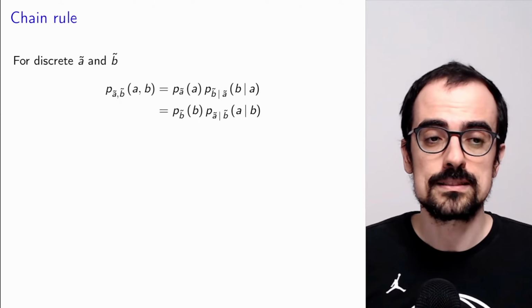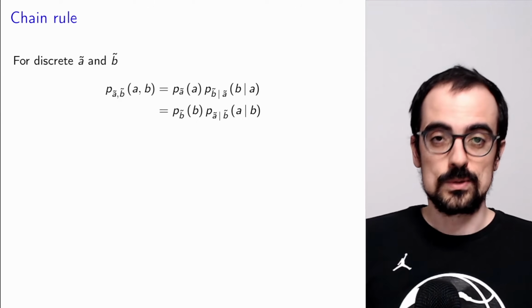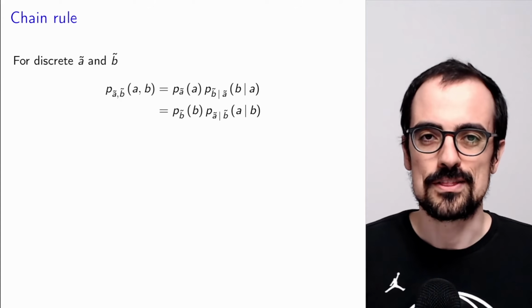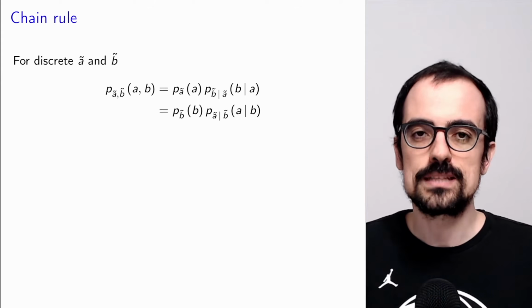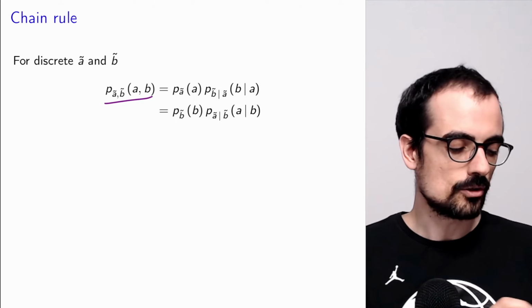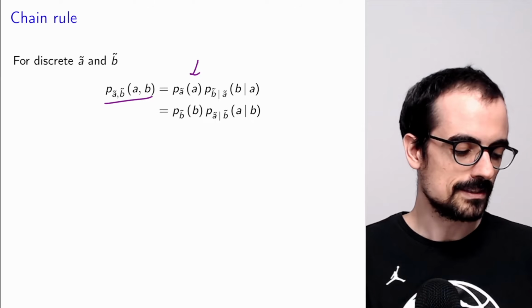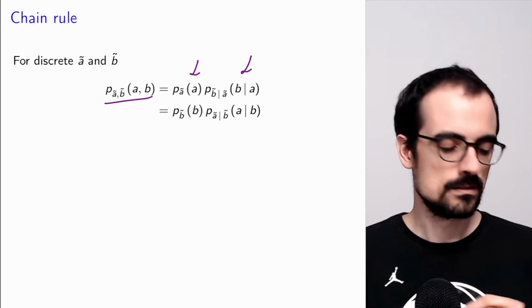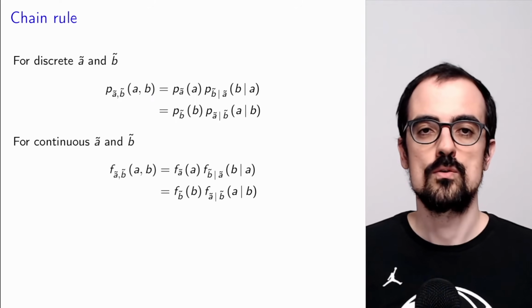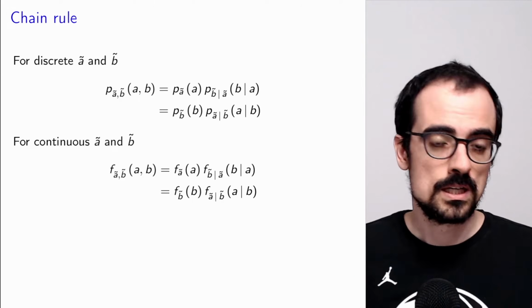Now let's take a look at the chain rule, which is another important tool when we're manipulating random variables together. For discrete random variables, we already saw that the joint PMF factorizes into the marginal PMF times the conditional PMF in both possible orders. Same thing for two continuous random variables.